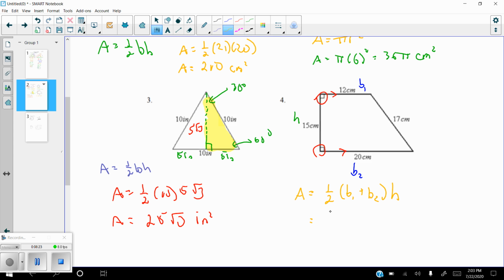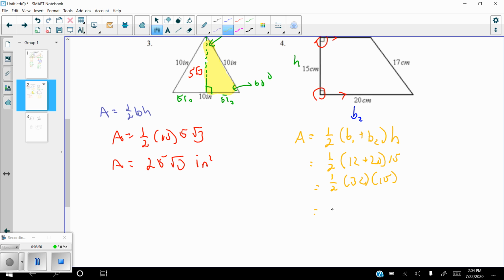So the area of a trapezoid here is 1/2, the first base, which is 12, the second base, which is 20, and the height is 15. So let's see, we're going to have 1/2, 12 plus 20 is 32, times 15. 1/2 of 32 is 16.